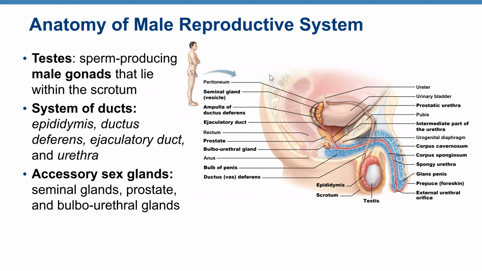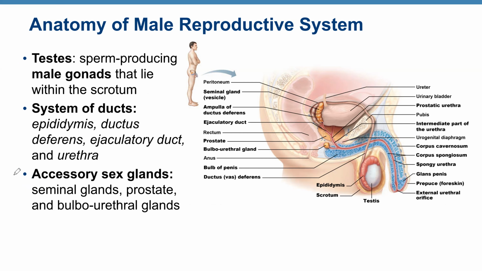Anatomy of the male reproductive system. The main organs are the testes, the sperm-producing male gonads that lie within the scrotum. If you look at the diagram here, you can see that the scrotum is outside of the body cavity. And then we have a system of ducts, including the epididymis, ductus deferens, ejaculatory duct, and urethra, and accessory organs.